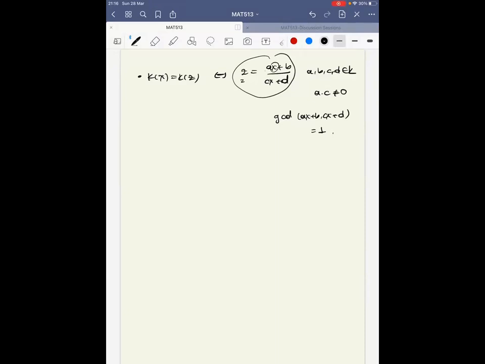Maybe I should write it like this. The coefficients of these linear factors satisfy this equality. And this kind of transformation also appears in complex analysis.